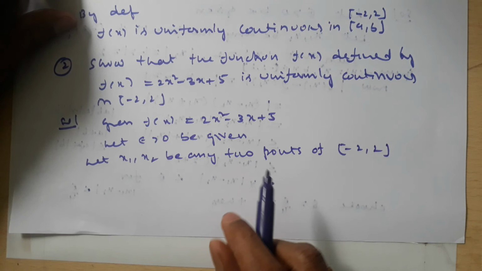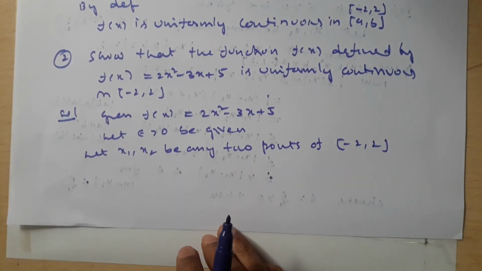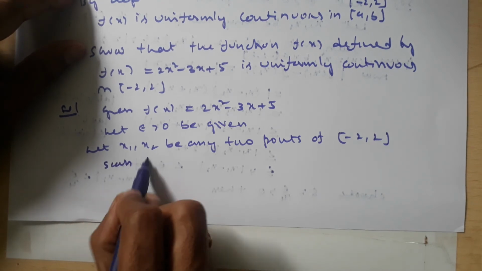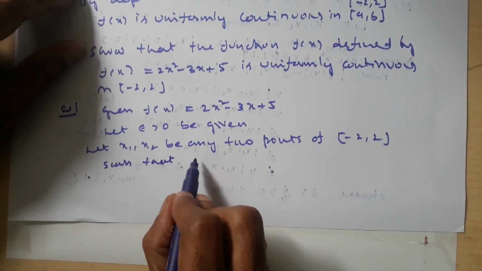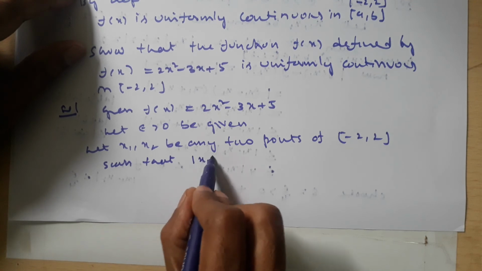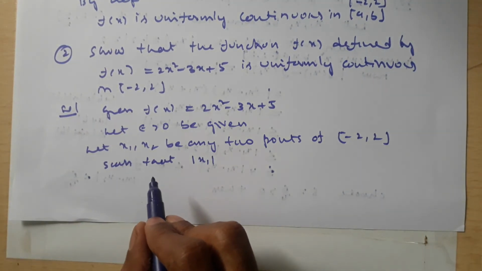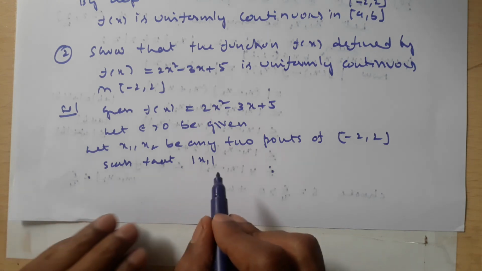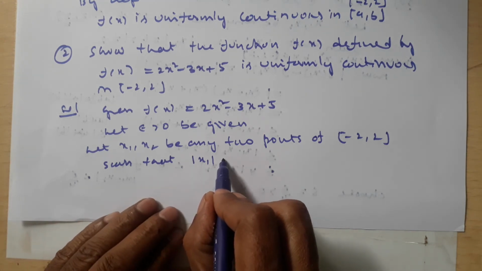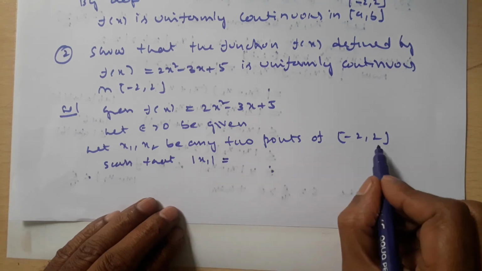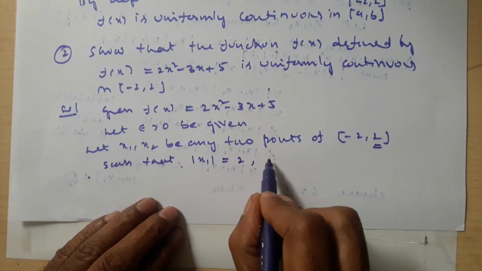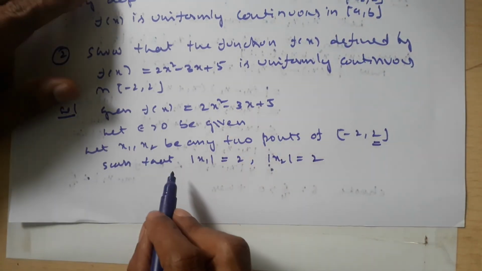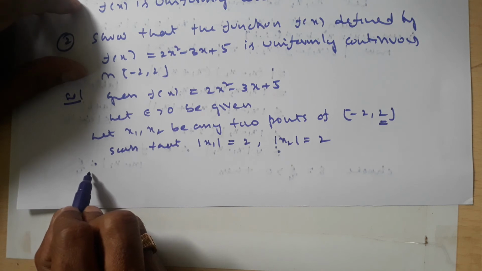The same interval is given as in the previous problem, so the interval will be the same, such that mod x1 is equal to 2, comma mod x2 is equal to 2.